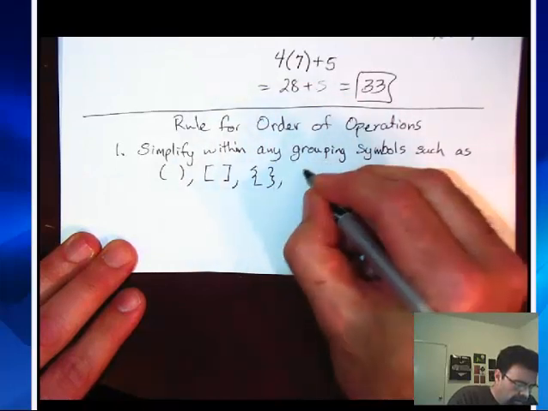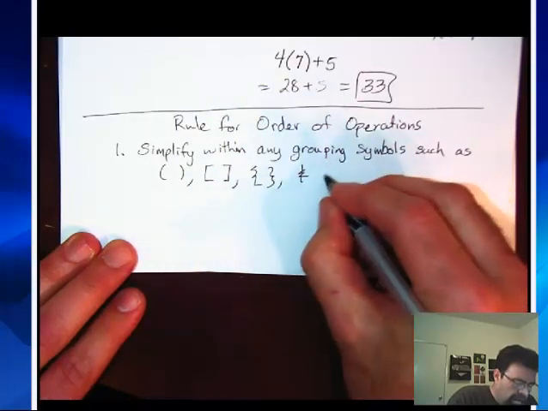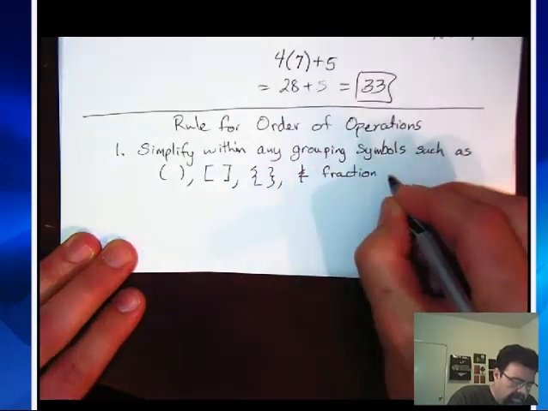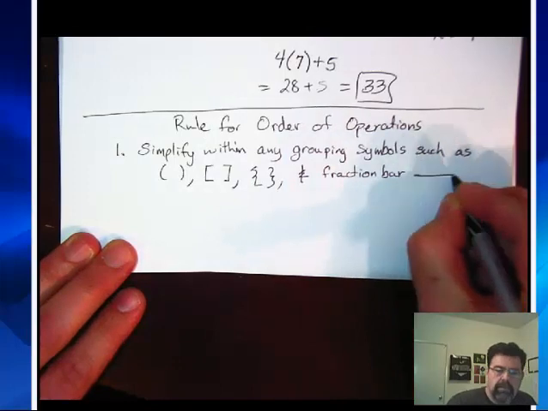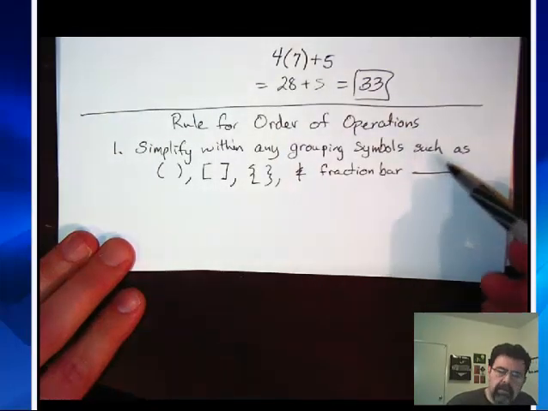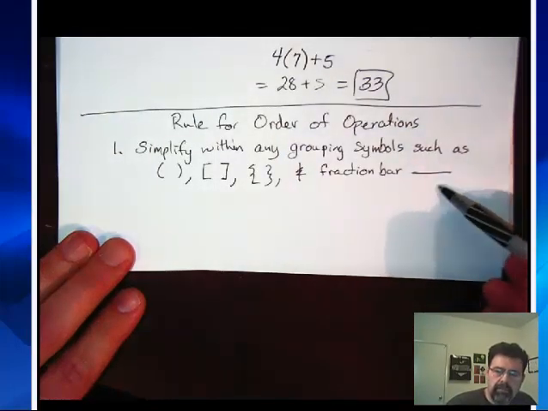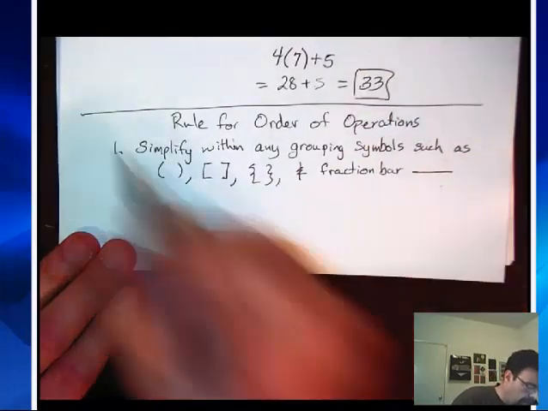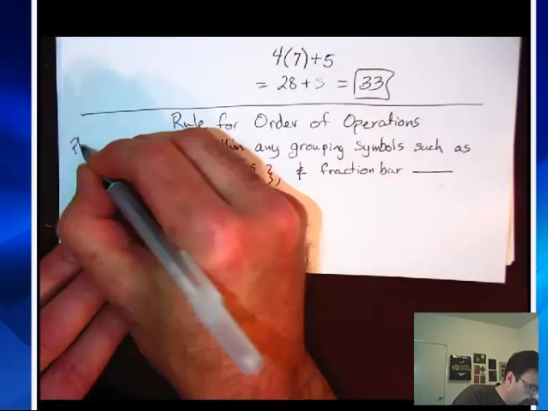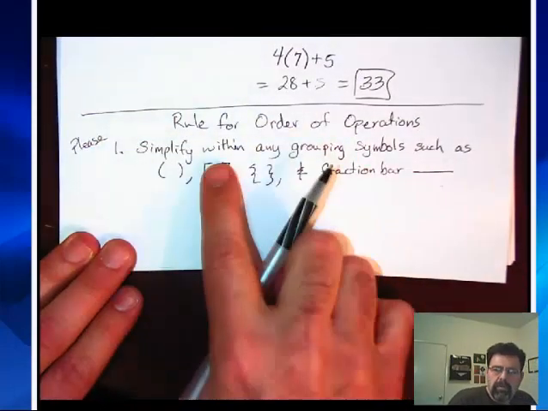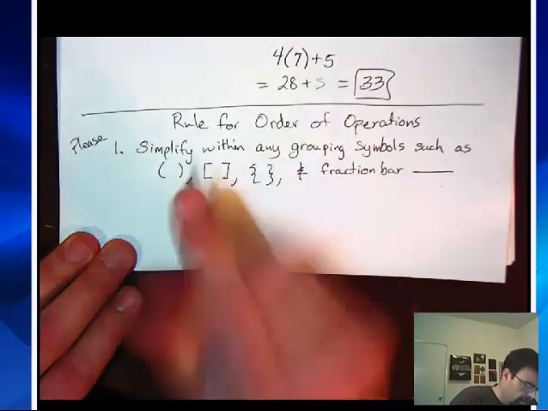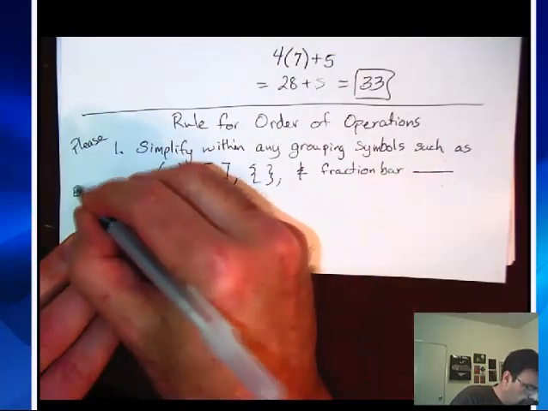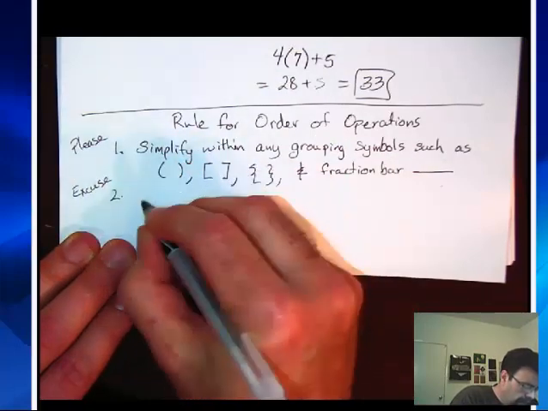Braces. And of course the big fraction bar. That's another grouping symbol. It groups into a numerator on top and a denominator on bottom. So the fraction bar is also a grouping symbol. All right, so that's your please, parentheses. But remember, it's more general. It's all the grouping symbols.